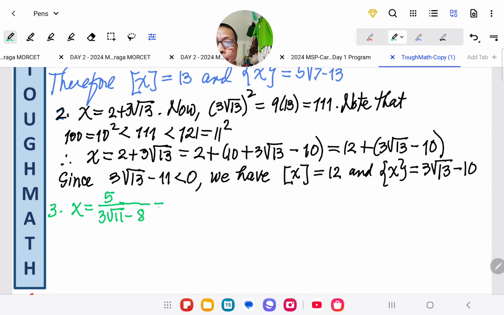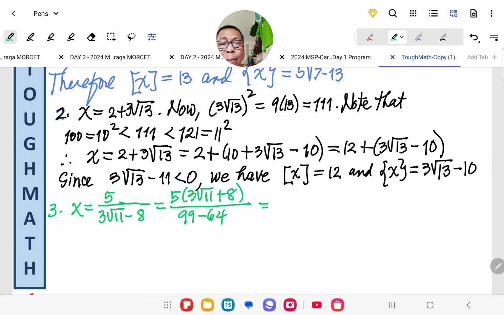First, we rationalize the denominator, so we have 5 times 3 square root of 11 plus 8, and then below we have 9 times 11, so that's 99 minus 64.